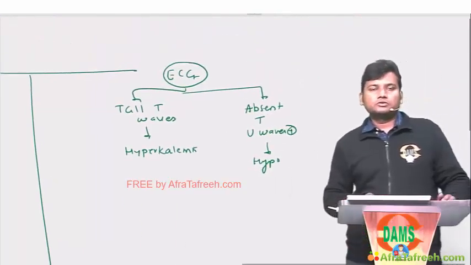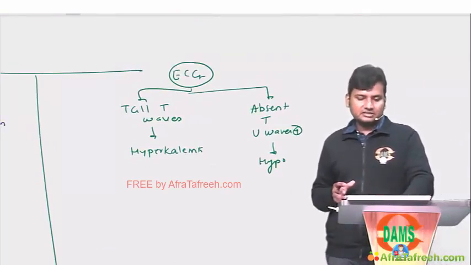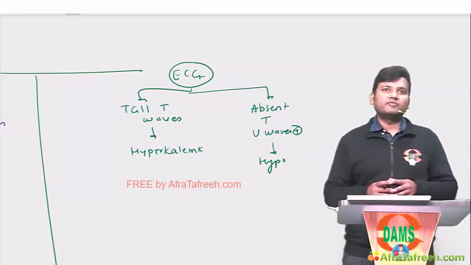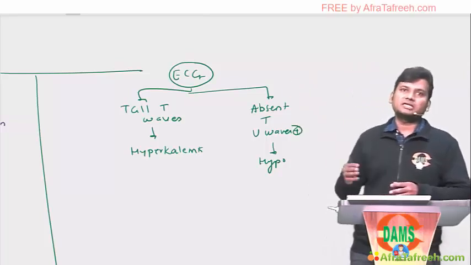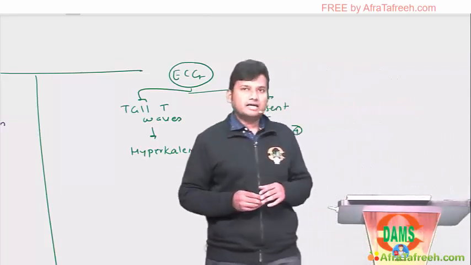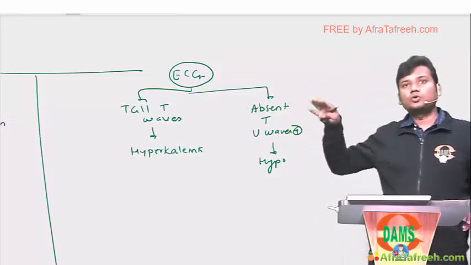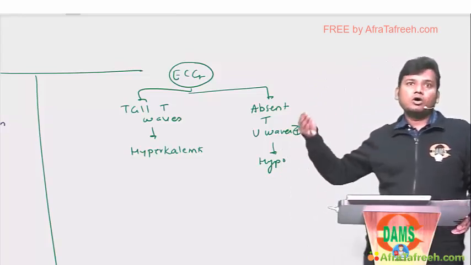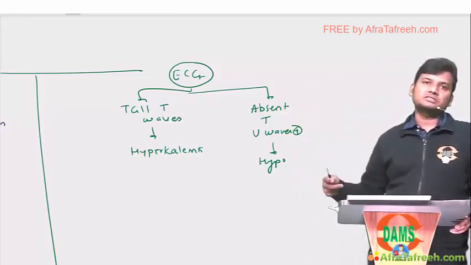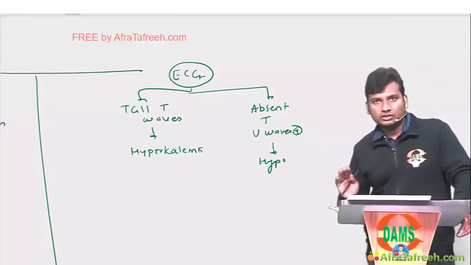Okay, so in practice we do ECG. In ECG we see T waves. If T waves are tall, patient is having hyperkalemia, you can give insulin. And if our patient is having absent T waves, low amplitude T waves, or presence of U waves on ECG, patient is having hypokalemia, don't give insulin.